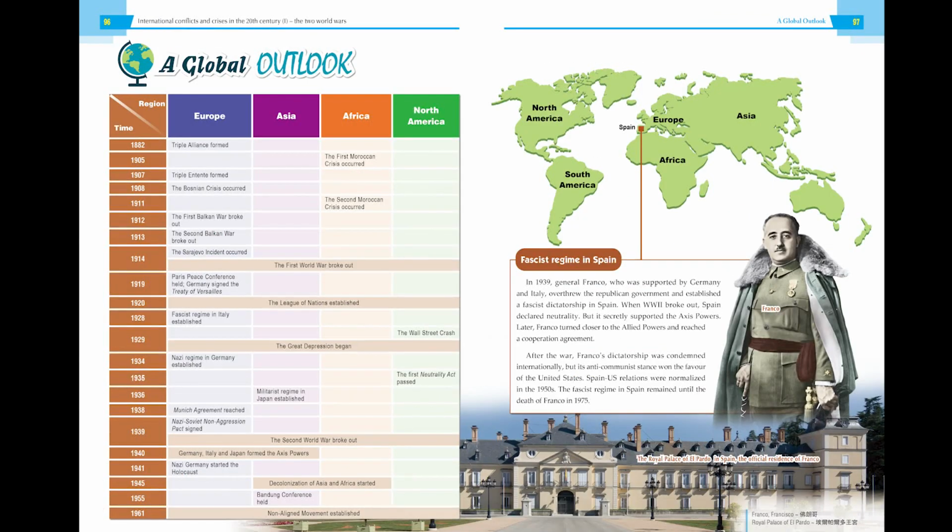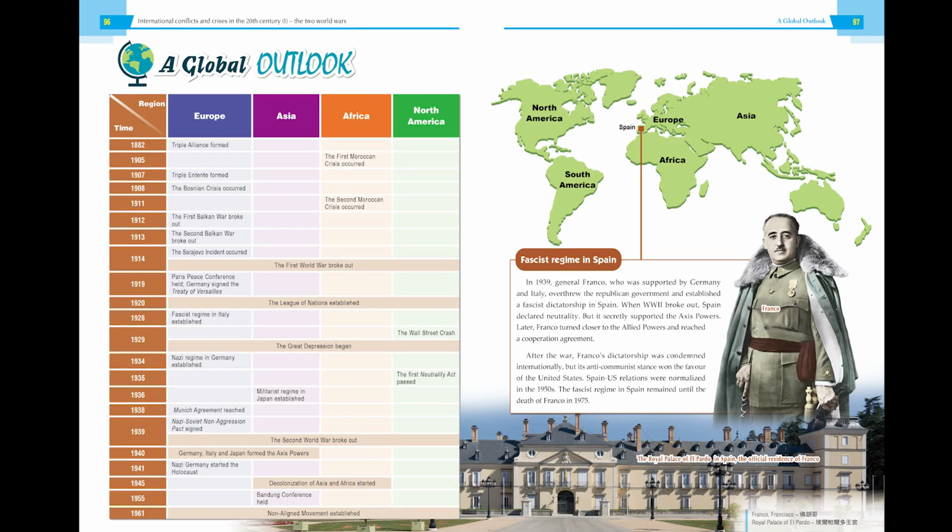A global outlook. 1882. Triple Alliance formed in Europe. 1905. The first Moroccan crisis occurred. 1907. Triple Entente formed. 1908.